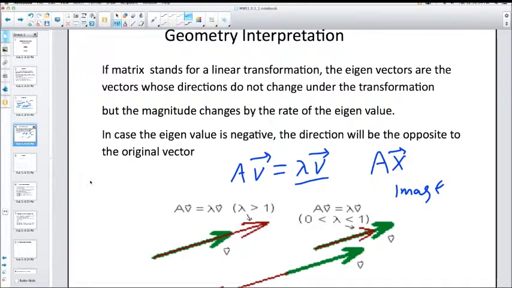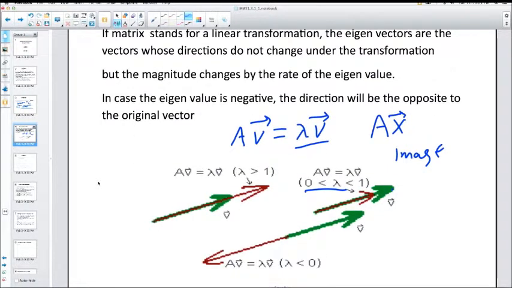When lambda is bigger than 1, the magnitude of the image will be longer than V. When lambda is less than 1, the magnitude of the image is shorter than V. And the third case, if lambda is negative, the image will go to the opposite direction of the original vector, but still stay on the same straight line.